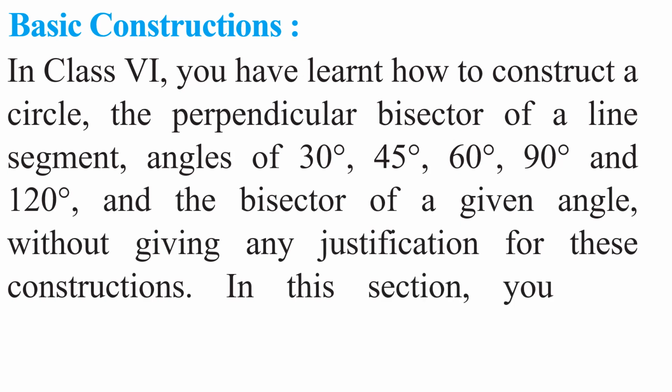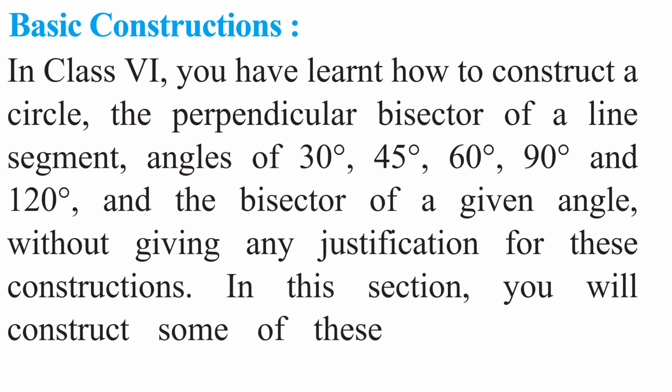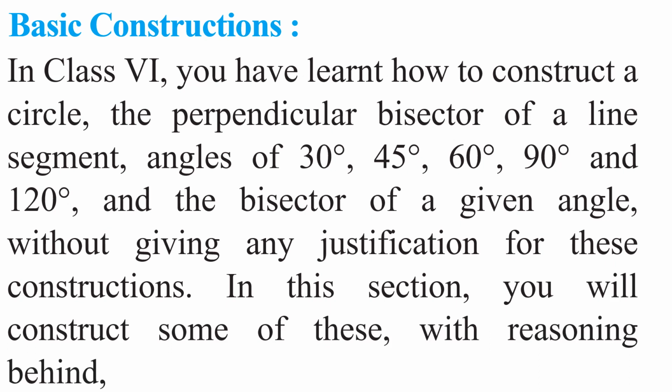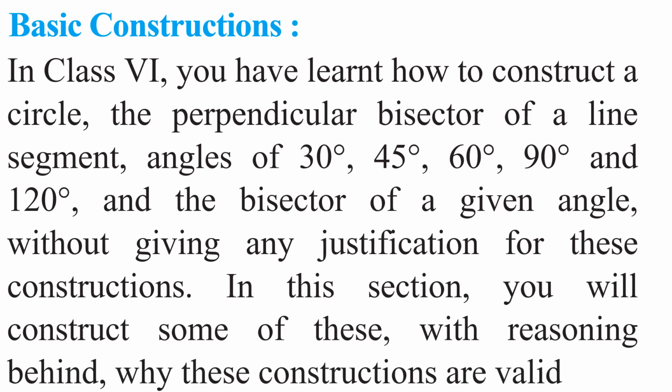In this section, we will construct some of these with the reasoning behind why these constructions are valid. Okay, my children. In the previous classes, you constructed all these geometrical figures: the perpendicular bisector of a line segment, angles of 30 degrees, 45 degrees, 60 degrees, 90 degrees and 120 degrees using a protractor, and the bisector of a given angle also.